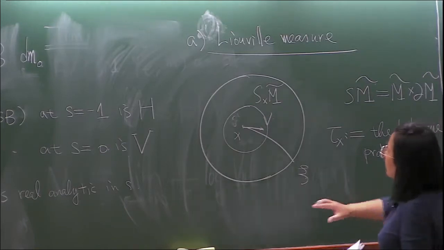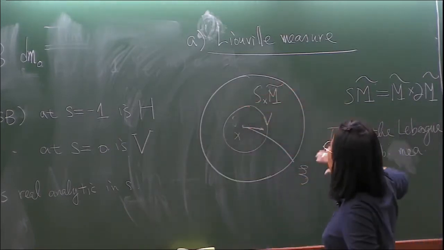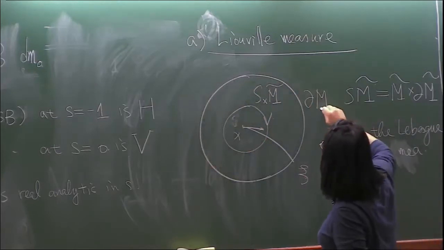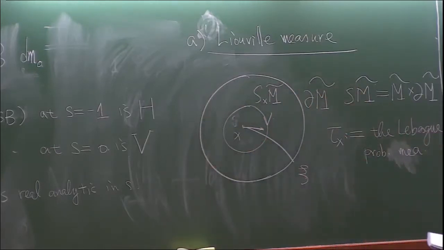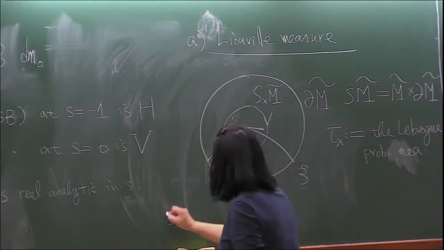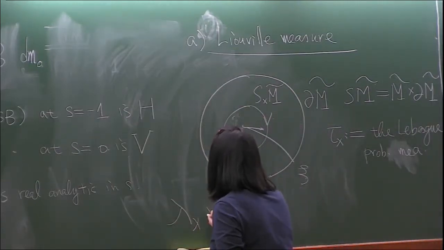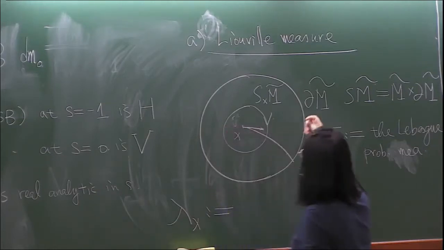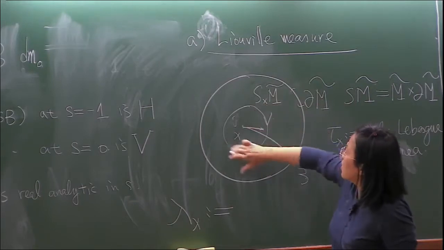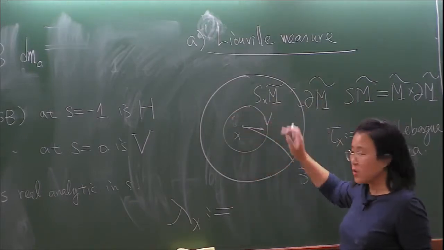Then many times we will push this to the geometric boundary. So you will obtain the measure on the boundary, always denoted by lambda x. You take it back to this SM tutor.